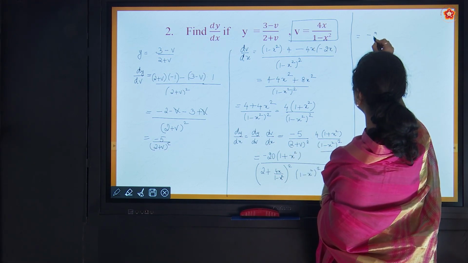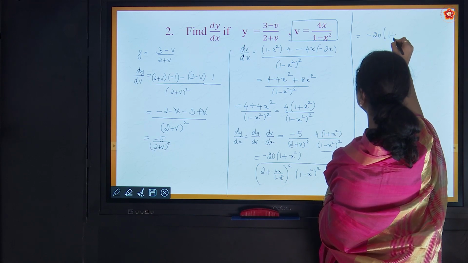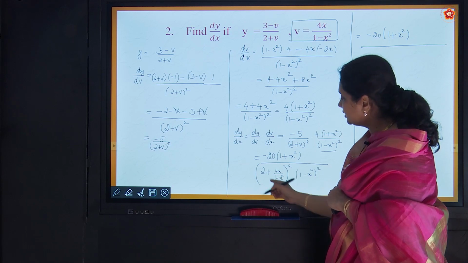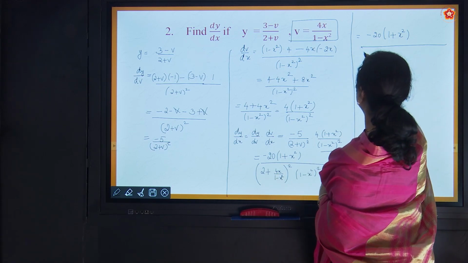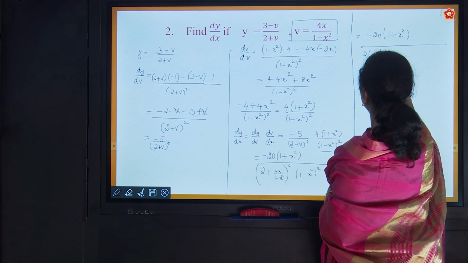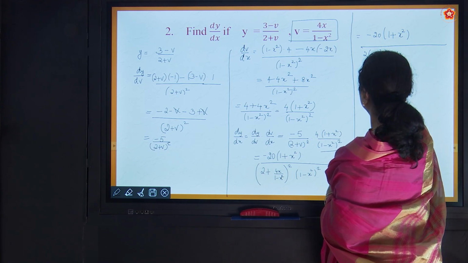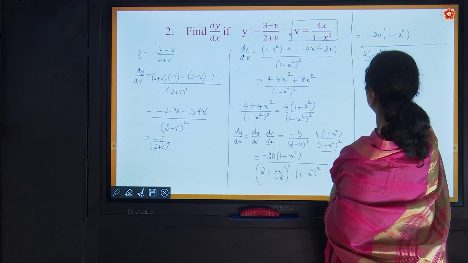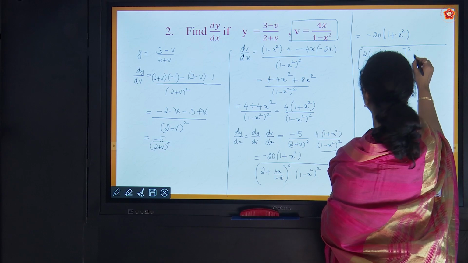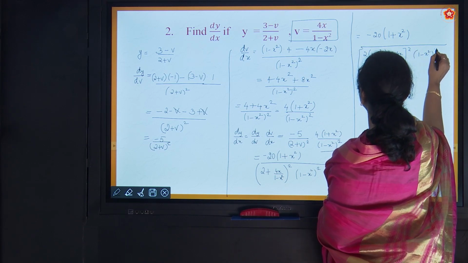So we have minus 20 into 1 plus x square divided by, there is a fraction here, we'll take LCM as 1 minus x square. So 2 into (1 minus x square) plus 4x, over (1 minus x square), the whole square, into (1 minus x square) the whole square.